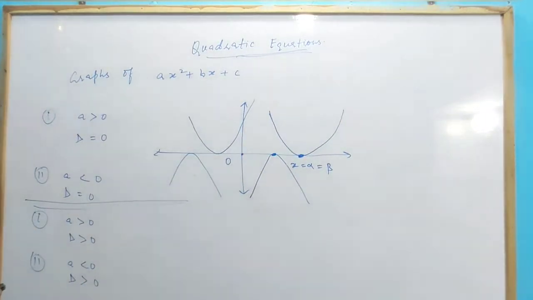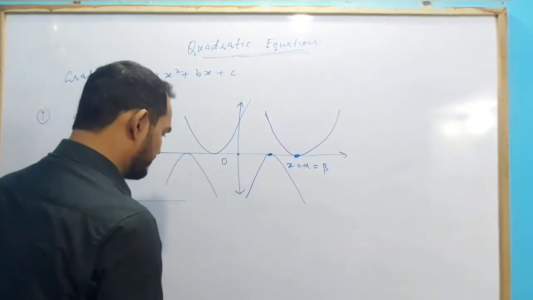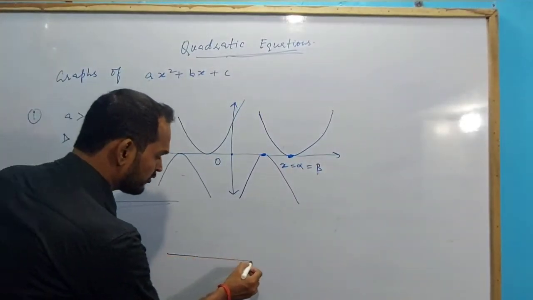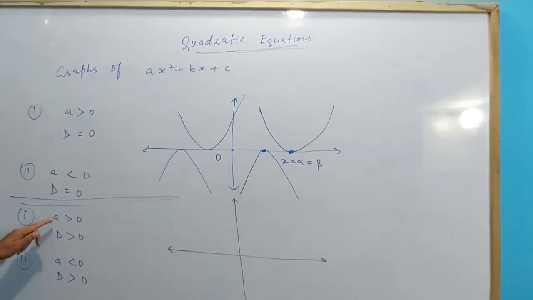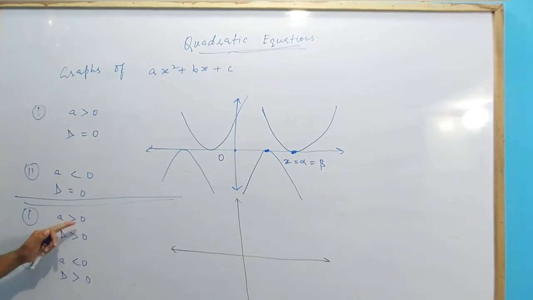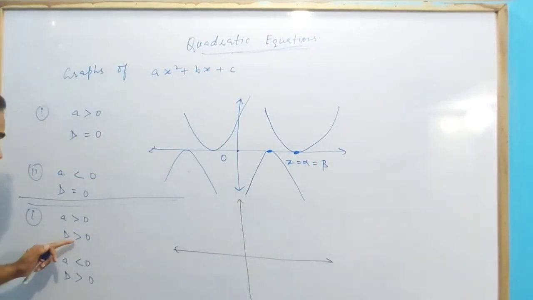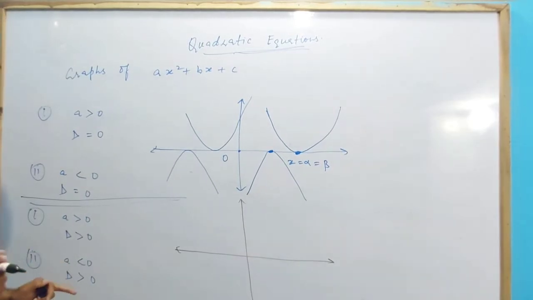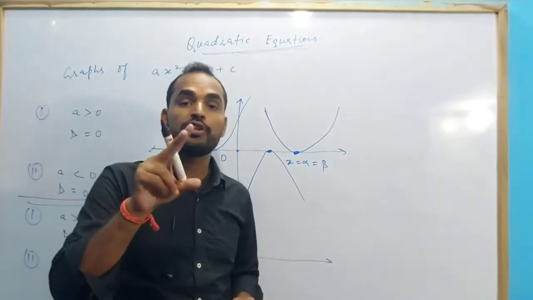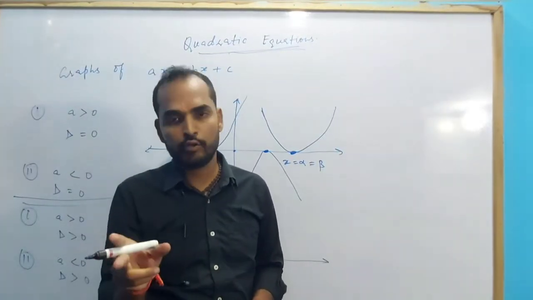What would happen? Let's see the graph and its nature. So when in the first case a is greater than 0, the graph will be upward parabolic, you know very well. When D is greater than 0, there will be two distinct roots, two different roots.